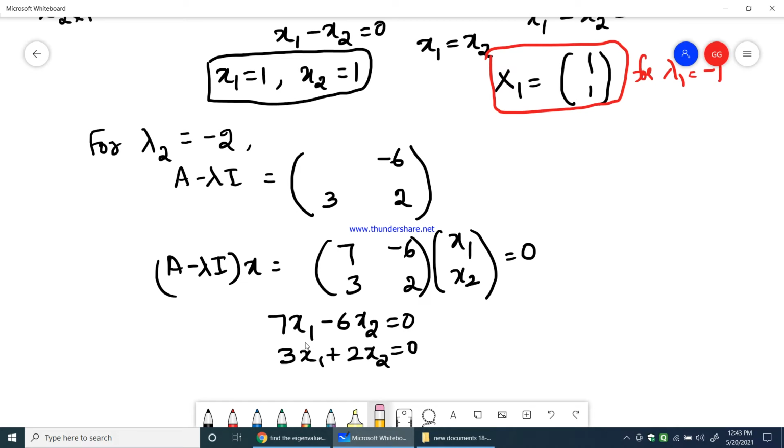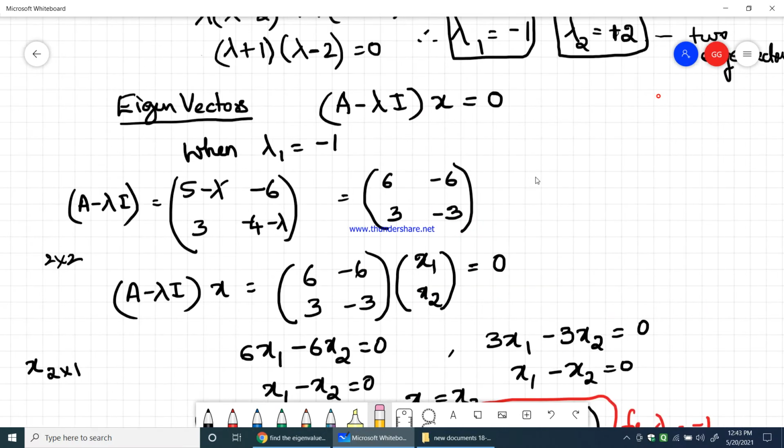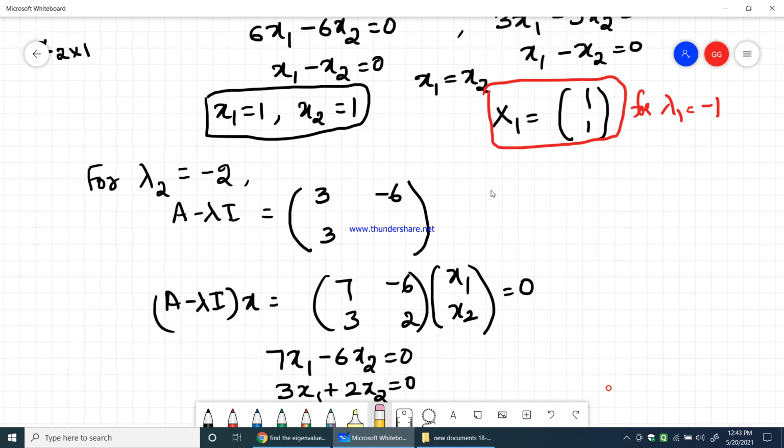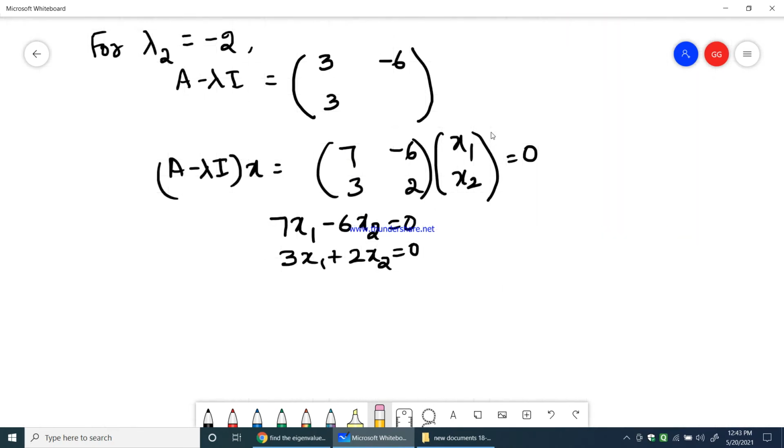So this is 3 and this will become minus 4 minus lambda, so it is minus 4 minus 2, which is minus 6. This is minus 6, because you will never get a different term.